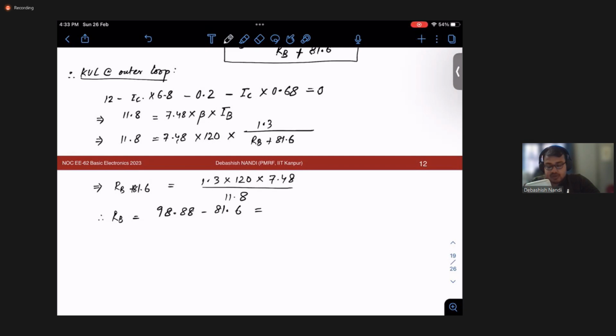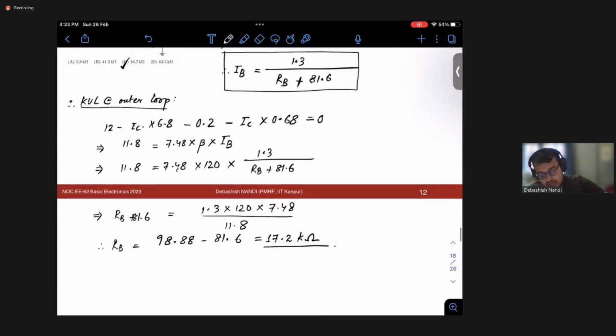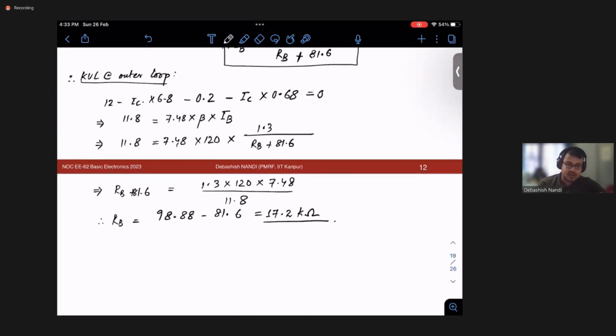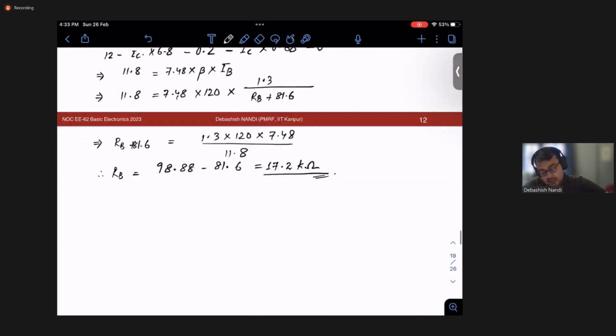It is coming out to be 17.2 kilo ohm, right? Do we have any option? Okay, so the nearest one is this 16.7, right? As it is an approximate analysis, you can simply choose the nearest value, right? So your answer C is correct.